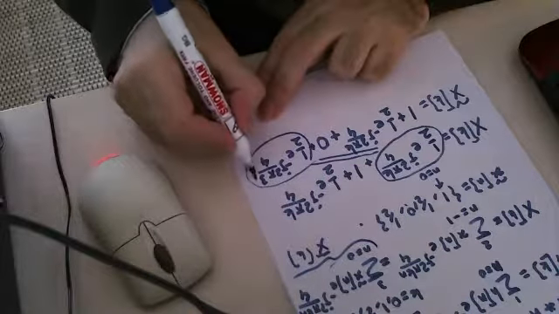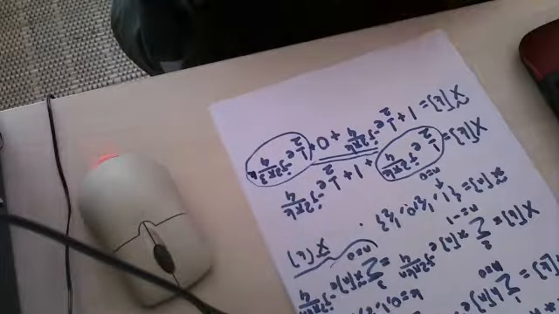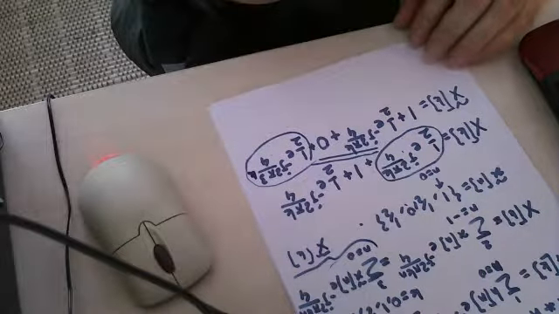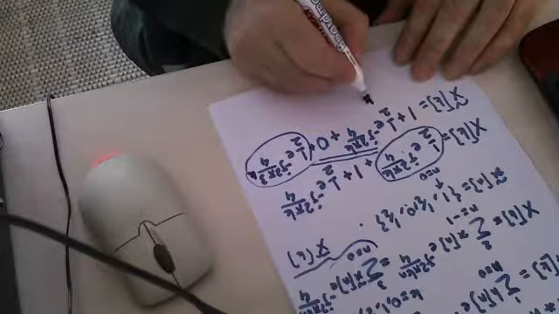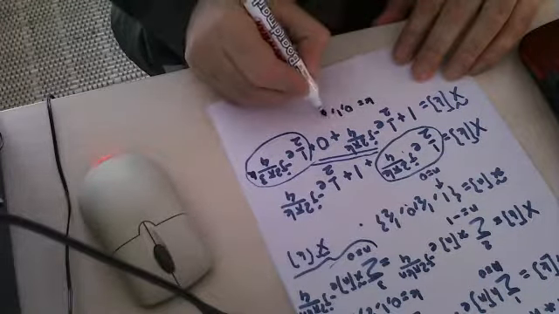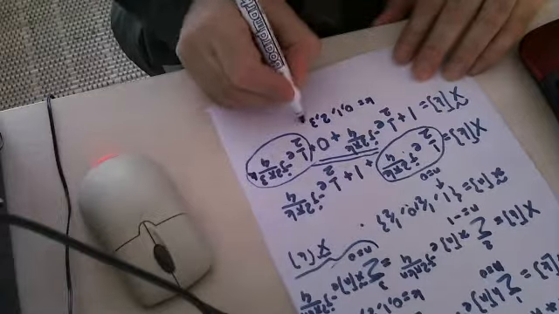I forgot to put k here. This is equal to that for all k values. Anyway, k goes from 0, 1, 2, and 3.